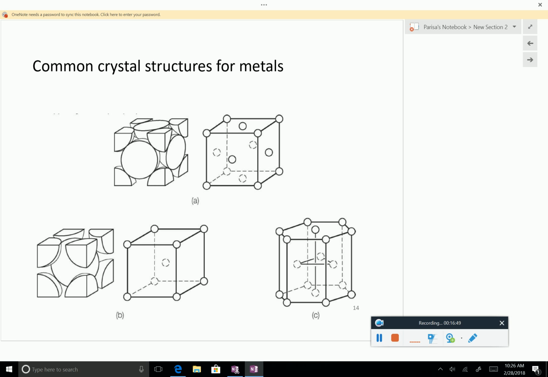A is called body-centered cube structure. So what you saw, the B, no, I'm sorry, this is face-centered cube.